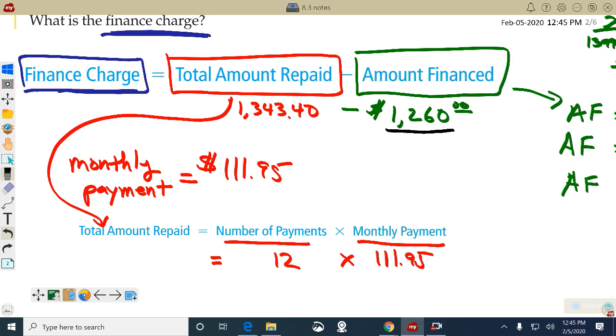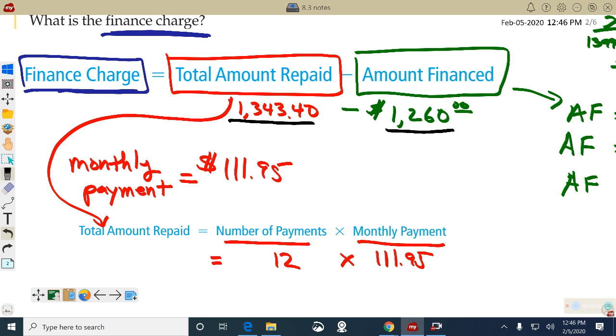The bank said, hey, no problem. We'll give that to you, Blake and Jacqueline. But by the time you pay us off, you're going to pay this amount. A little more, because we make our money as a bank. That's what a finance charge is all about. So they end up paying more than what the refrigerator is worth, just a little bit. Let's see how much more.